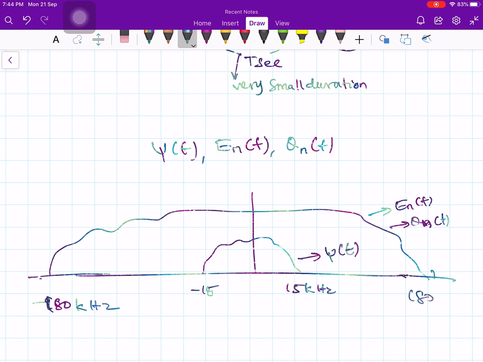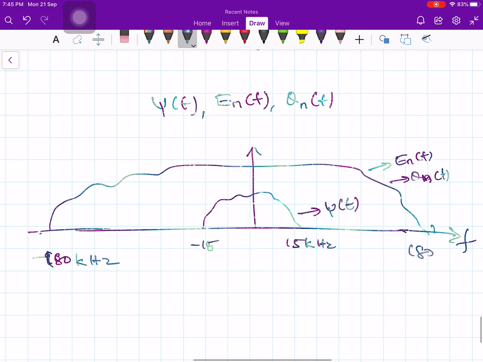That means what? En of t and theta n of t, see, this is frequency domain representation. If you take time domain, more number of cycles in a small duration, it is fluctuating very fast. But your psi of t, maybe I will draw in a different color, it goes like this, like this.